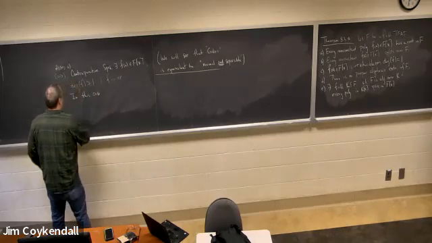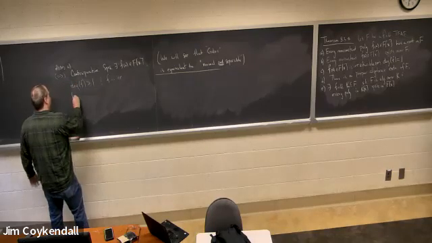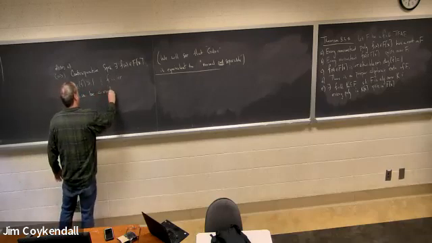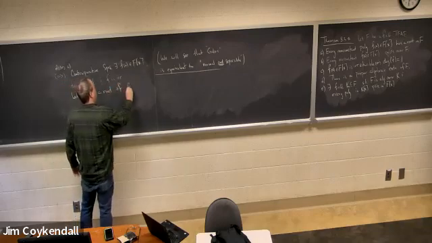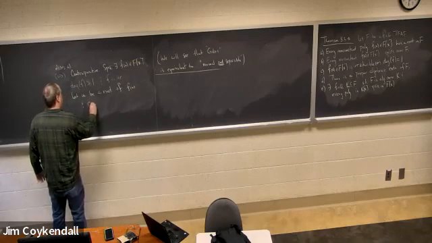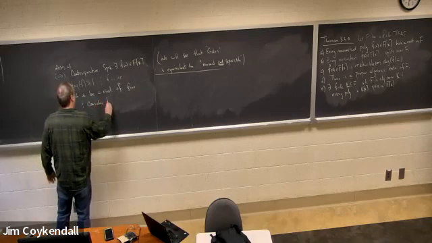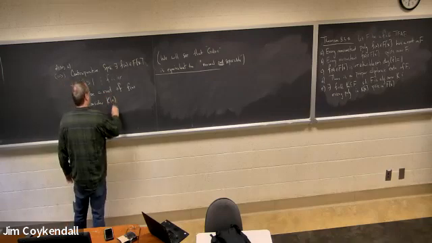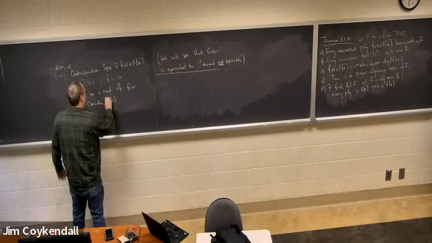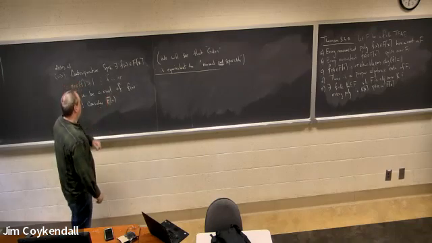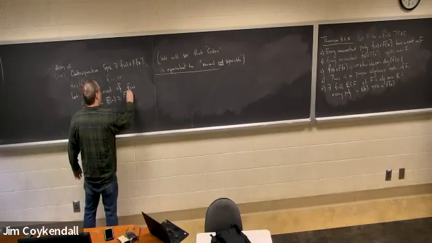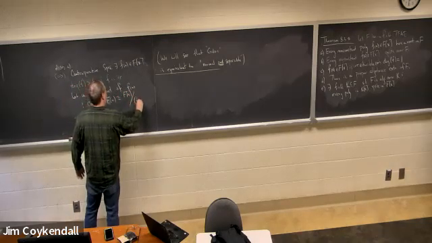Let U be a root of f(x), and consider, oops, I guess I meant F(U), F adjoined with U, which is isomorphic to F[x] mod f(x).